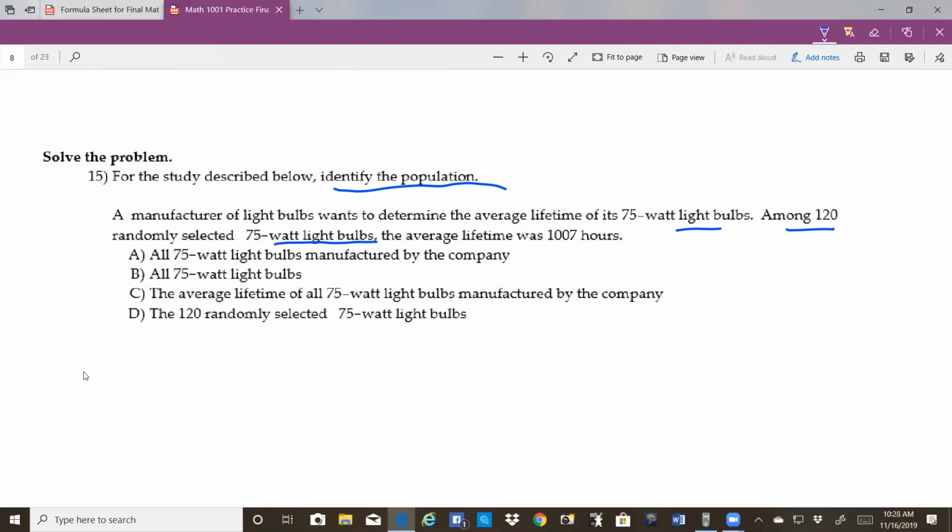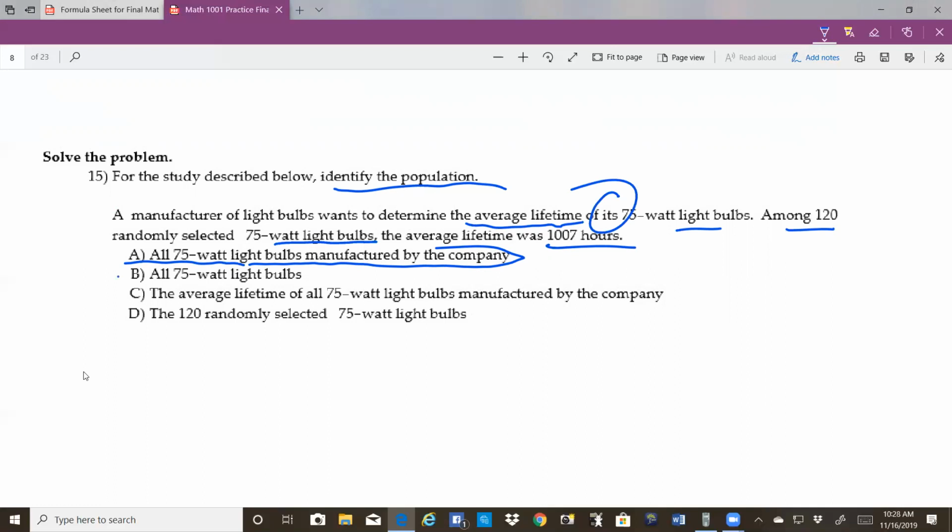The average lifetime was 1,007 hours. What is the population? The population is all 75-watt light bulbs manufactured by the company, because the key thing is looking at the average lifetime of its 75-watt light bulbs, not anybody else's.